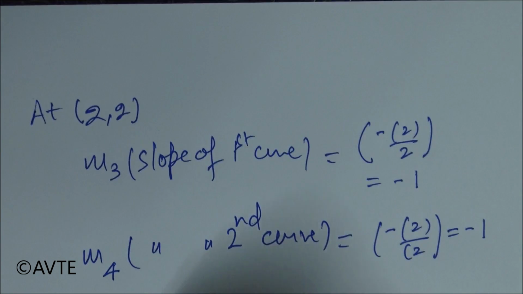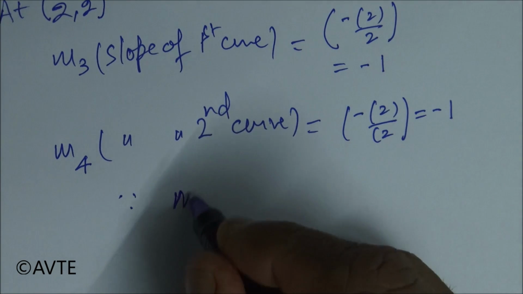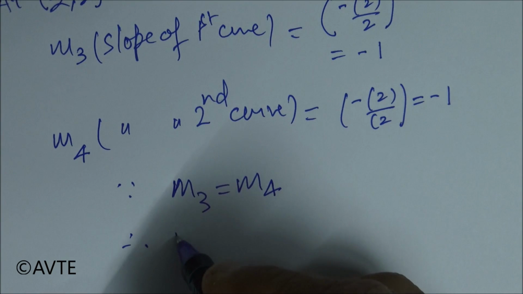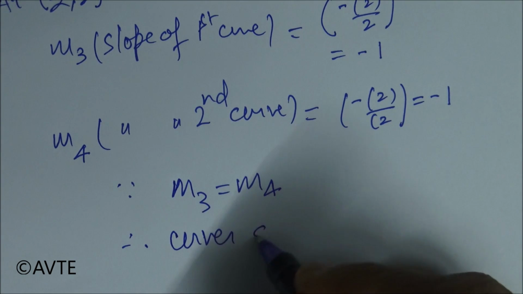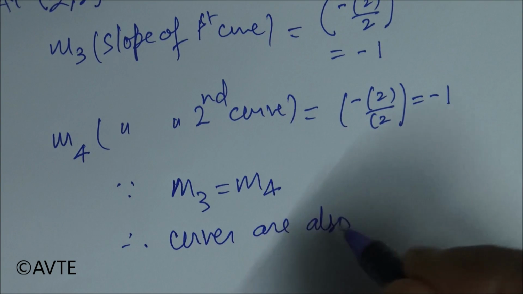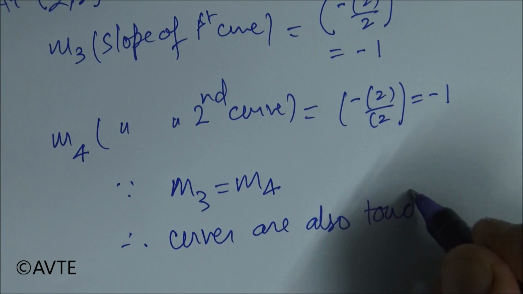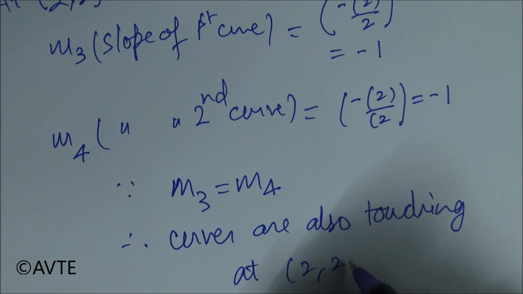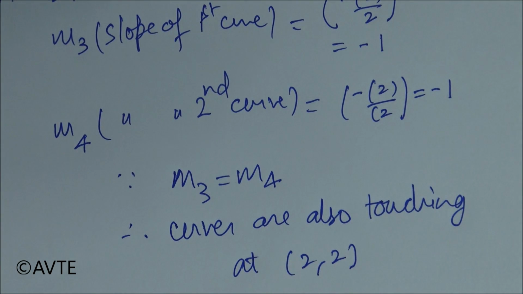Because M3 is equal to M4, therefore the curves are also touching at 2 comma 2. So you might be surprised why they're touching at 2 points.